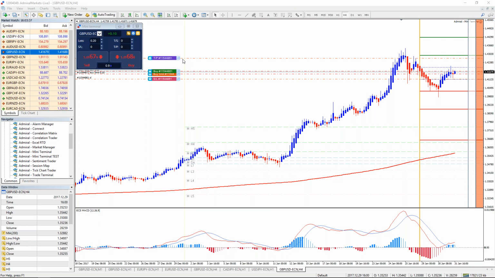So on MT5, you need a coder who can code your indicator from the source code, which is MQ4, with all the rules to MQL5. That is what you need to do, really. There is no compatibility between MT4 indicators and MT5 indicators.